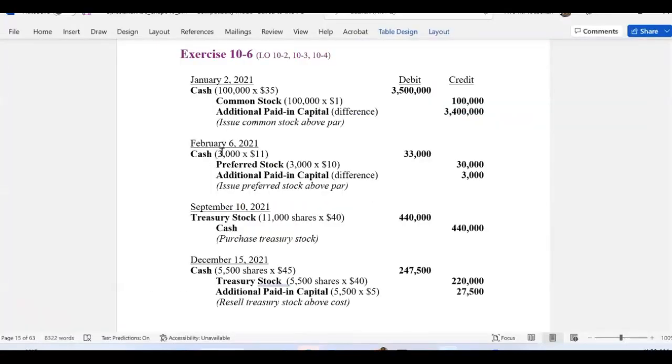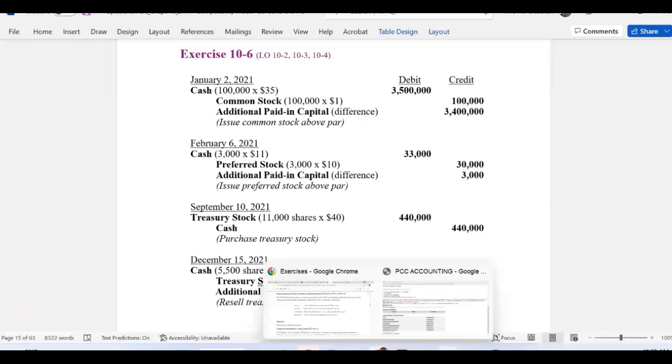Here we go. 3,000 shares times 11, that's $33,000. However, the preferred stock par is $10. So $10 times 3,000 shares, that's the maximum you can put in the preferred stock. The difference is plugged in, which is 33,000 minus 30,000, and that's an additional paid in capital dash preferred stock.